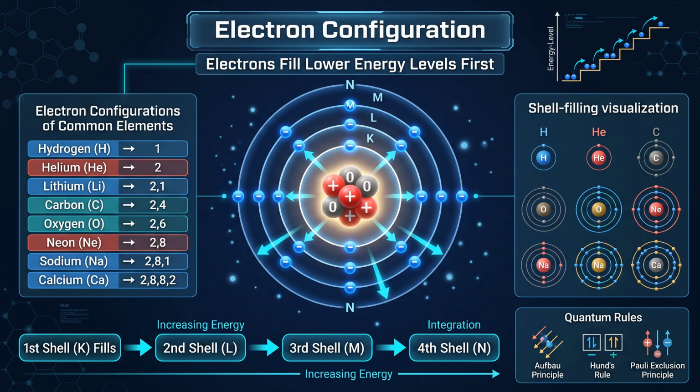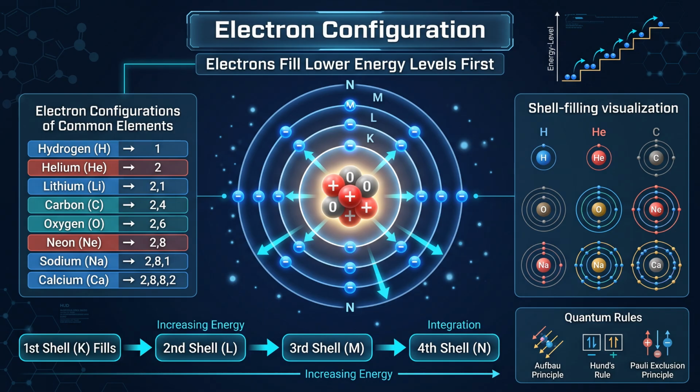Without electron configuration, understanding chemistry would be impossible. Electron configuration is also directly connected to the periodic table. The period number tells us the highest occupied energy level, while the group number for main group elements usually indicates the number of valence electrons. This is why elements in the same group have similar chemical behavior, they have similar outer electron configurations.